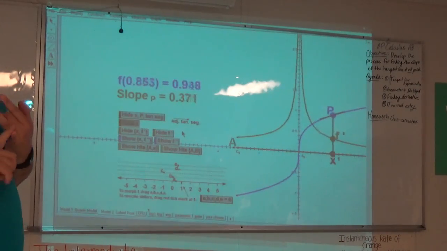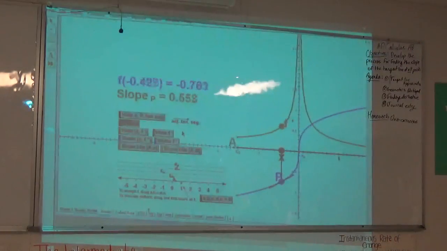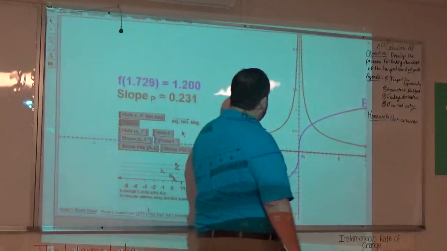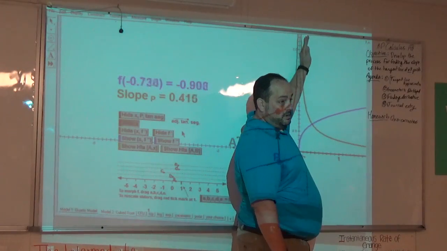Okay. From walking around, just about everybody has that F prime had to be positive the whole time. I'm not seeing a lot of folks who are getting the behavior here correct.